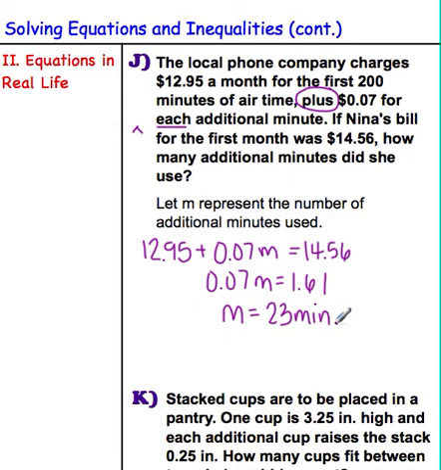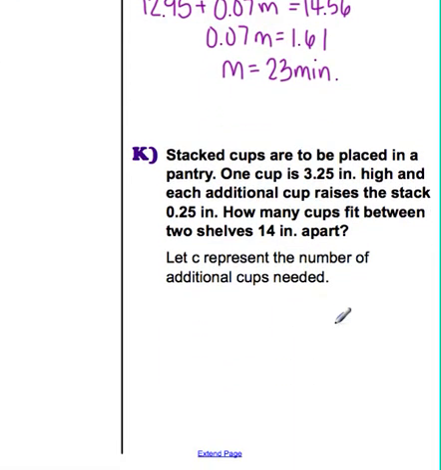Looking at the next example, we have stacked cups, and they are to be placed in a pantry. One cup is 3 1/4 inches high, and each additional cup raises the stack 1/4 inch. How many cups fit between two shelves that are 14 inches apart, letting C represent those number of additional cups? We have a couple key words.